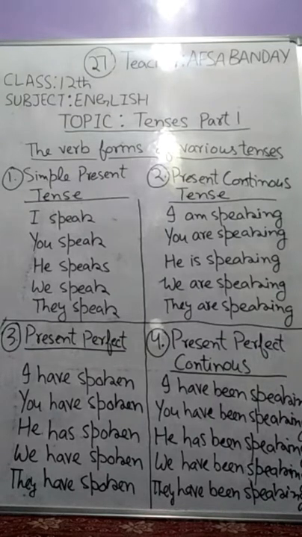Now let us come to the verb forms of various tenses, starting with the simple present tense. With the first person singular pronoun I, we take the present form of the verb.